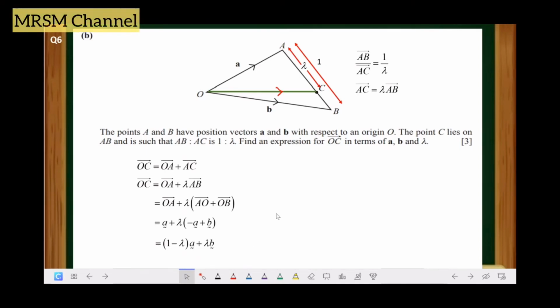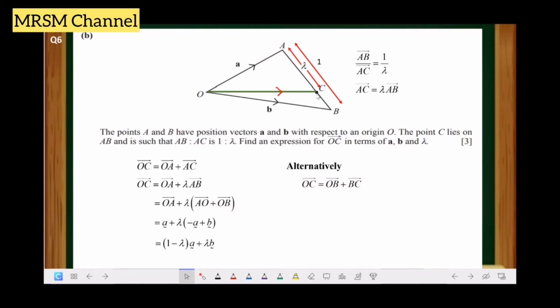Some people asked, can we use the triangle below? Yes, we can use the triangle below, no problem. Alternatively, we can write OC by using OB plus BC.